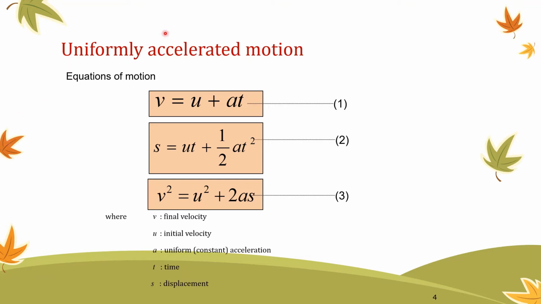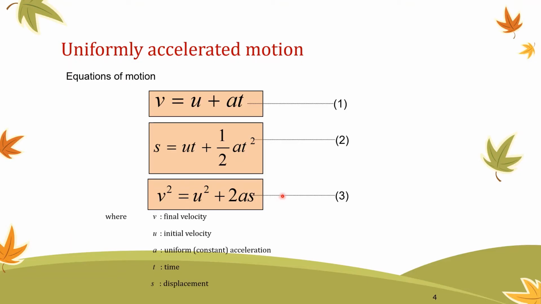For uniformly accelerated motion, we have these three important equations, which are v = u + at, s = ut + ½at², v² = u² + 2as. You do not need to remember these equations because they will be given in your exam.